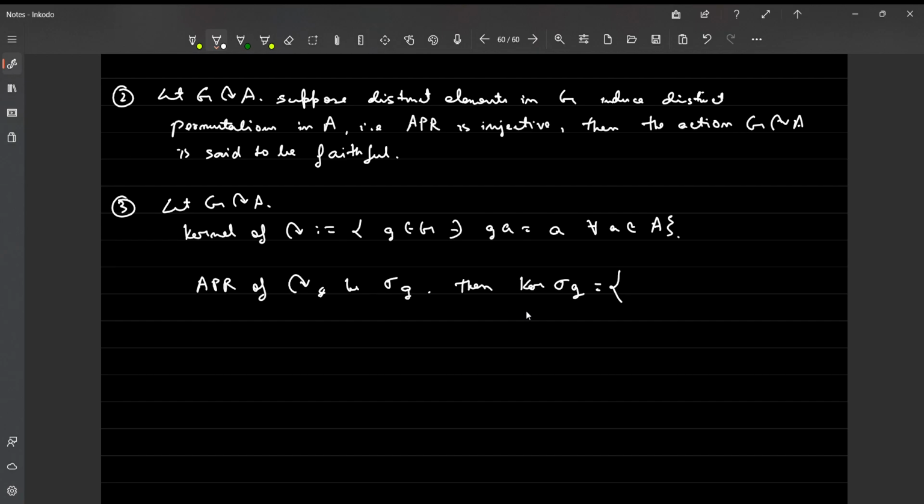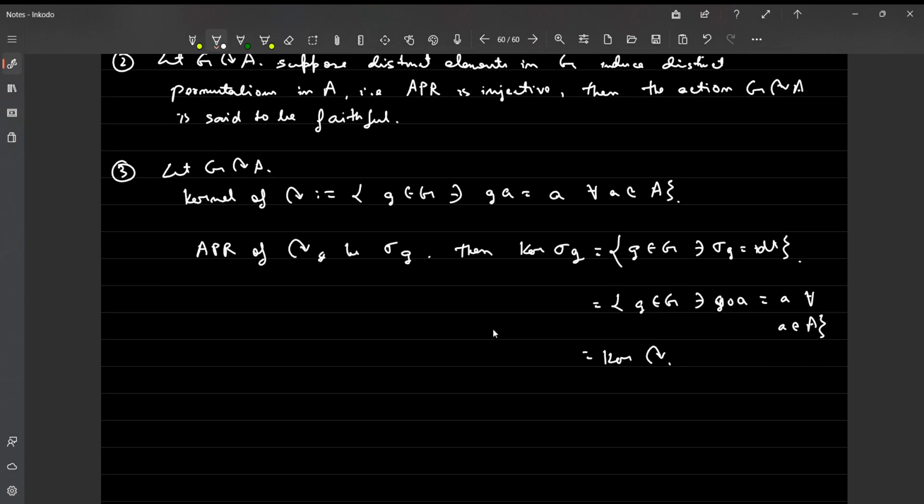The kernel of a homomorphism is the set of all the elements g in G such that sigma g is the identity. What does sigma g being the identity mean? It means it is the collection of all the elements g in G such that g of a is equal to a for all a in A. And that is the same as the kernel of the action. Clear?